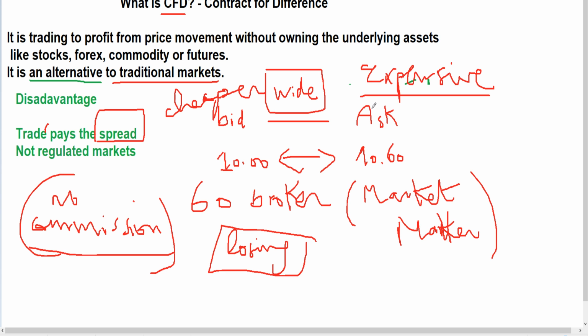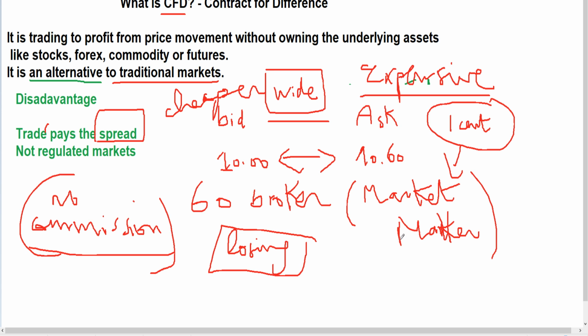When you buy, you are not buying with the real price, with the good price. You are buying with the expensive price when you sell cheaper. In stocks, for most of the stocks that have high volume, you will find 1 cent only, and this is taken by market makers, and your broker takes commission, like $5 or $6 or $4.